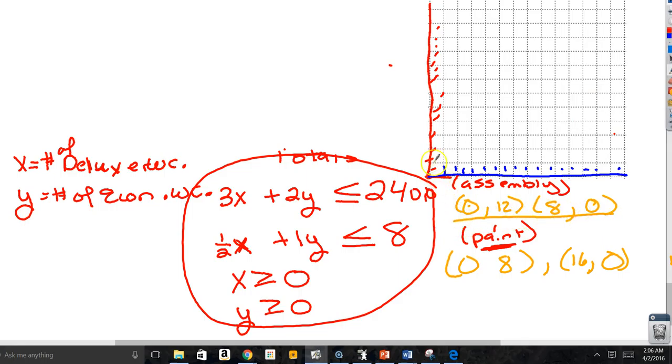Going to graph this one. 0, 12, 1, 2, 3, 4, 5, 6, 7, 8, 9, 10, 11, 12. And 8, 0, 1, 2, 3, 4, 5, 6, 7, 8. It's a solid line. And it says it's less than, so it's this side of the line.